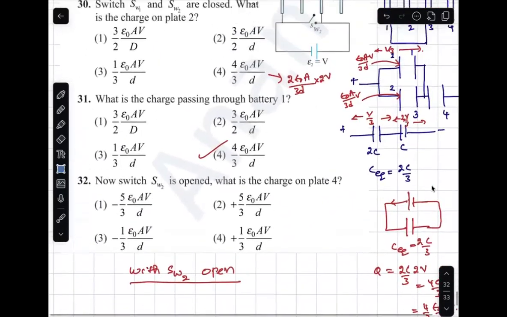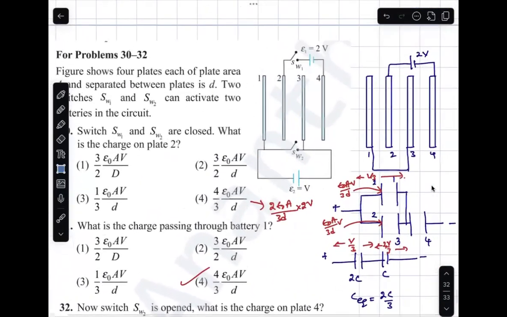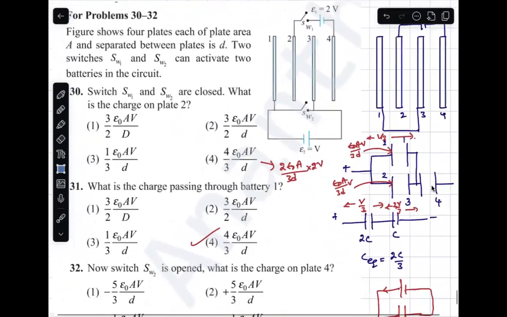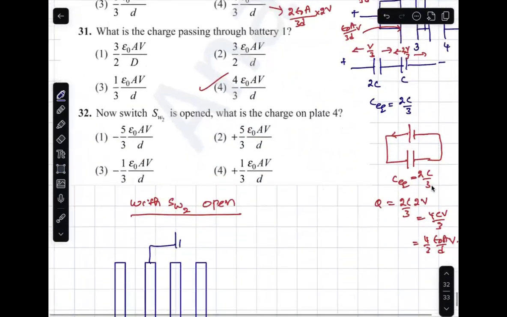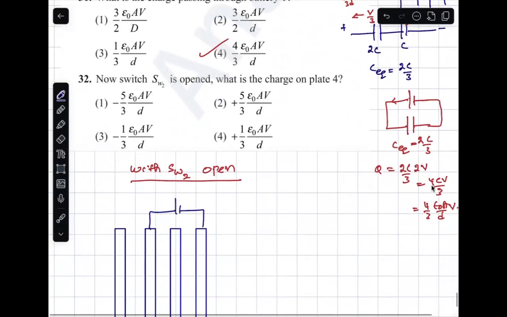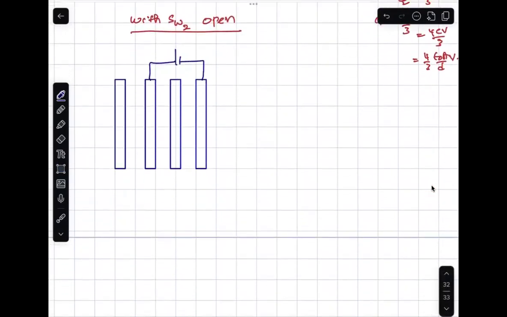Now with the switch open, you have nothing to connect 1 and 3. When there is no connection between 1 and 3, this is how you are connecting. Yes or no? So what is the role of this part? Nothing. Will there be any sharing of charge here?